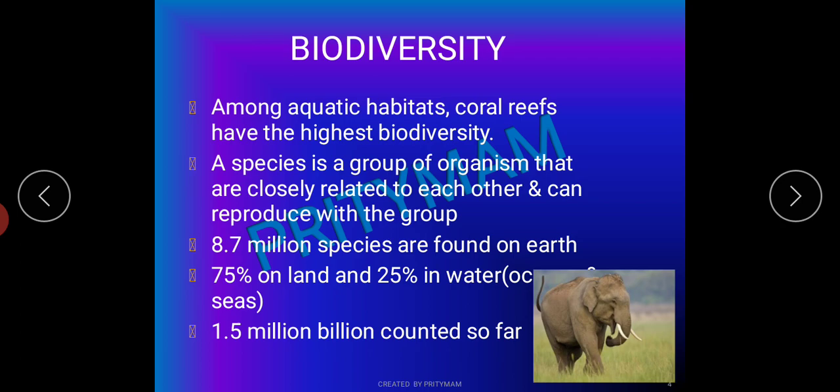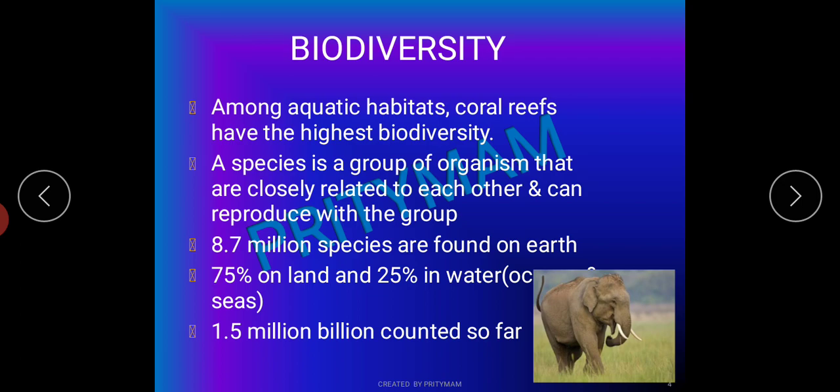Similarly, among aquatic habitats, the coral reef has the highest biodiversity. Lots and lots of plants and animals of different kinds are found over here.